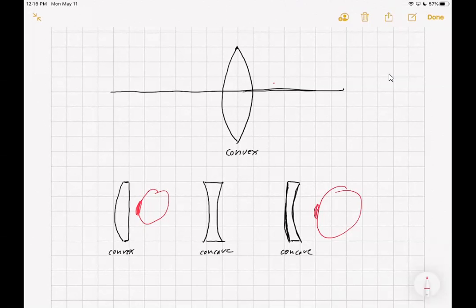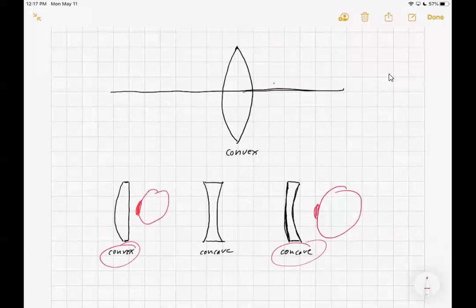So we want it to curve in a way that would be useful for being able to see. So some of the lenses on the bottom may look more like the lenses of eyeglasses. They all kind of curve away from the eyeball, but you could have a convex lens in front of your eye or a concave lens, depending on what kind of correction you need for your vision, right?